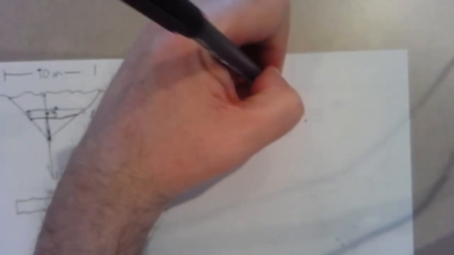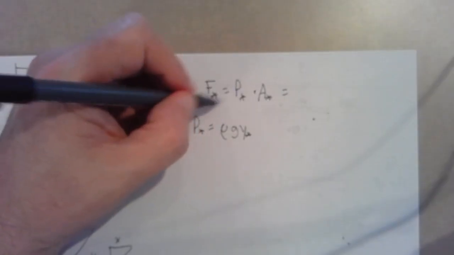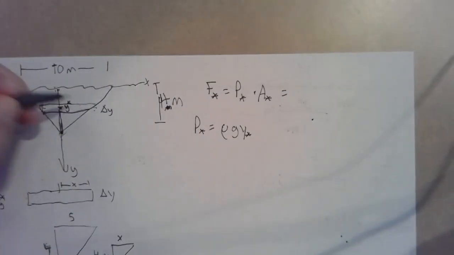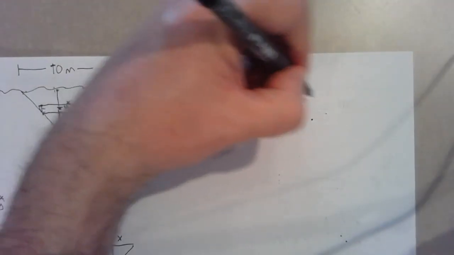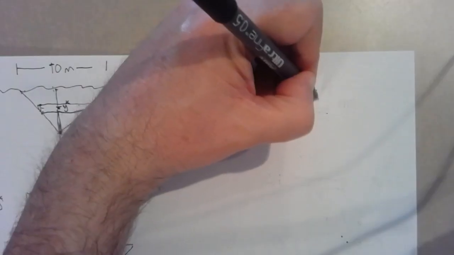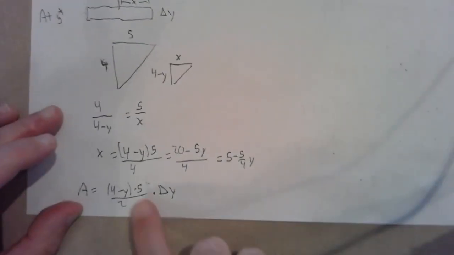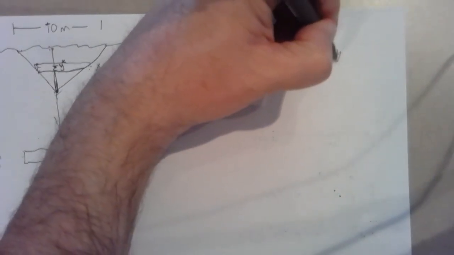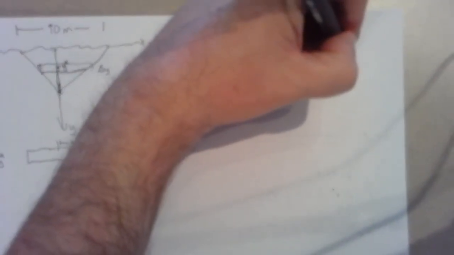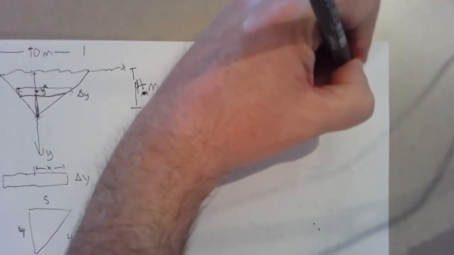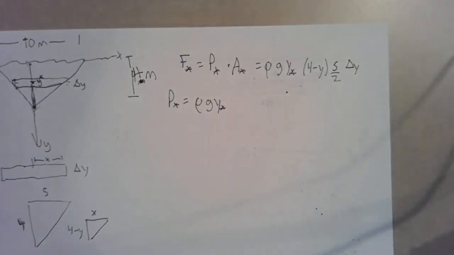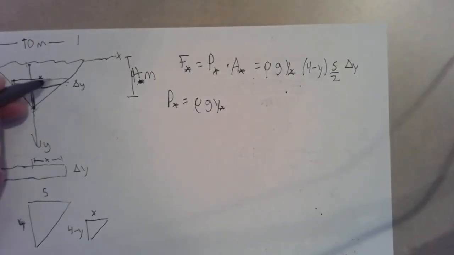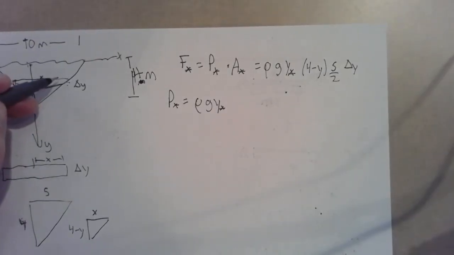So that means my force from just this little sliver here will be rho times g times y star times my area, which I just found here. And I'm going to write that 5 over 2 just as a 5/2. It'll be easier in the long run. Delta y. That's the force from one little rectangle.